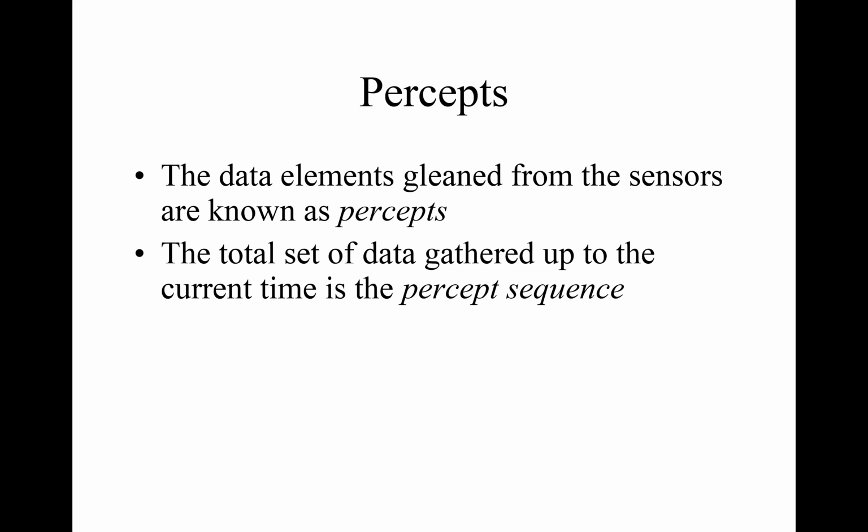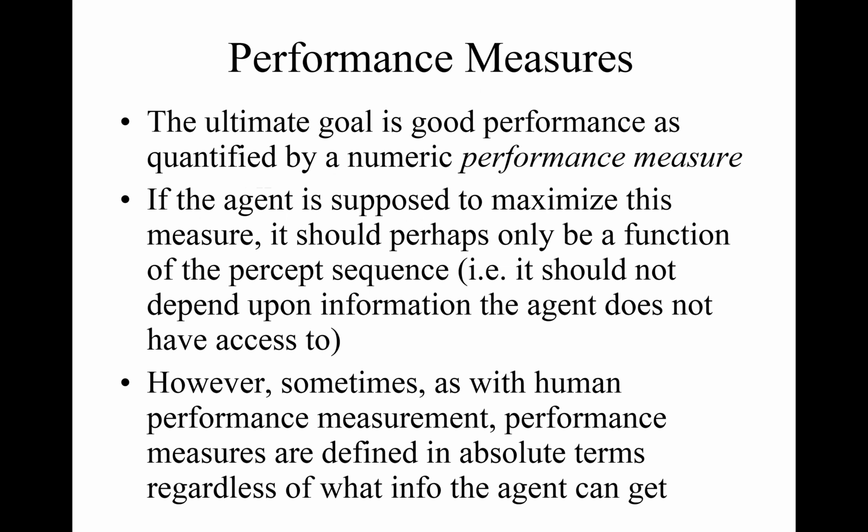If the AI was not pre-programmed to have this little bit of knowledge, and if it didn't come in via the percept sequence, then it doesn't have it. So that's all the AI has to work with: what it had when it got turned on and its percept sequence. Conceptually nice and clean, and sometimes practical. You think that way. Okay, performance measures. There are various kinds of numeric performance measures you can put on an agent.